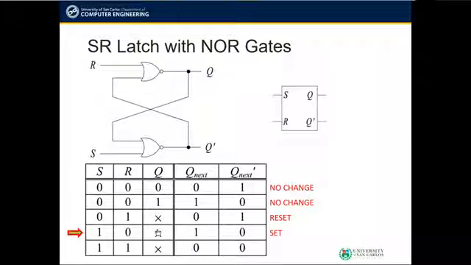If Q is 1, it will remain 1. This behavior of the SR latch is called set, since the present value of Q is always set to 1 on its next value. Q next prime is simply the complement of Q next.